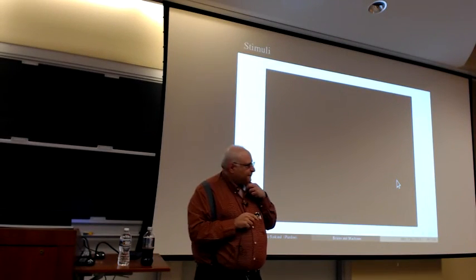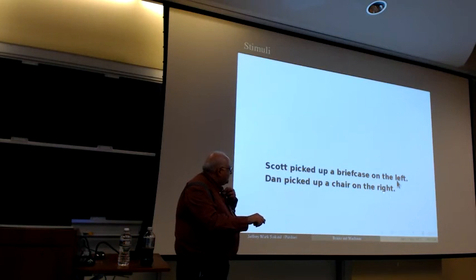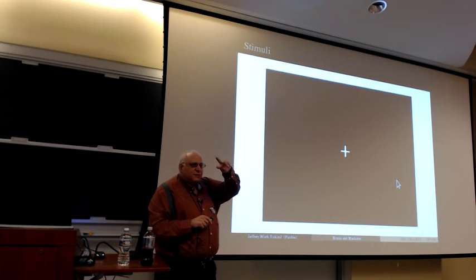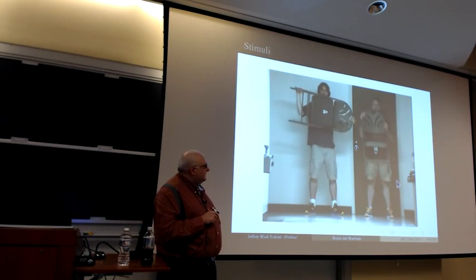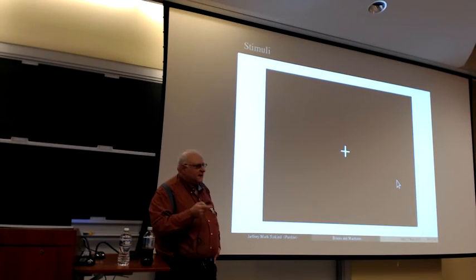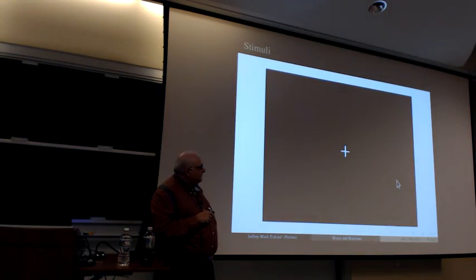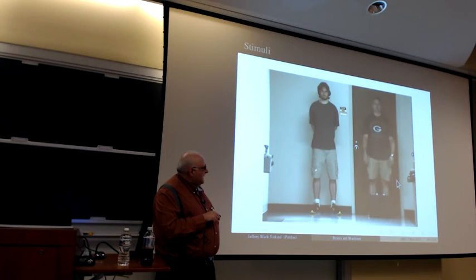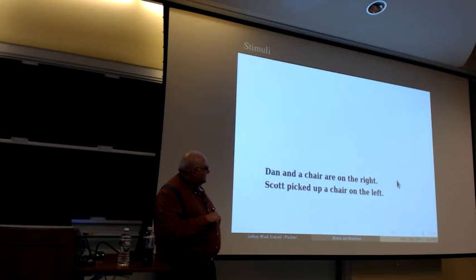Here's what it looks like. Sometimes there are pairs of sentences that just have the adjoint on the left and the right. Sometimes one's above the other, sometimes reverse. Sometimes they both do the same activity on the same object. Sometimes Scott is on the left, sometimes Scott is on the right. Sometimes on the right is above, sometimes on the left is above. Sometimes the person on the left is not doing anything. Sometimes the sentence says that there's Dan in a chair, but there's no verb.